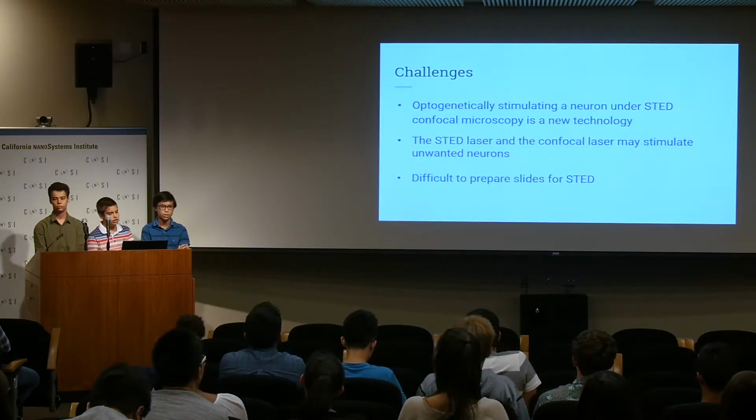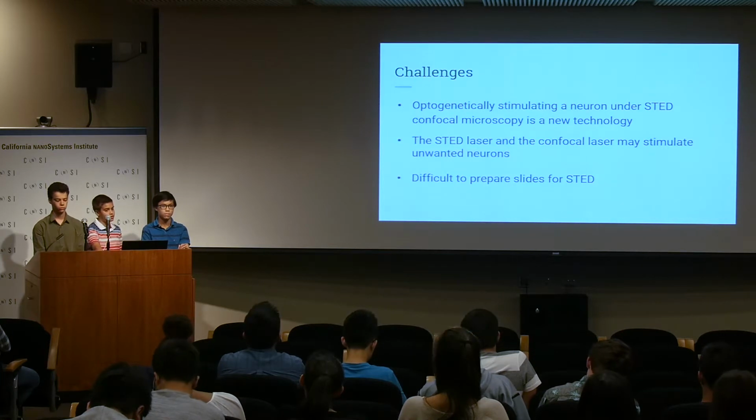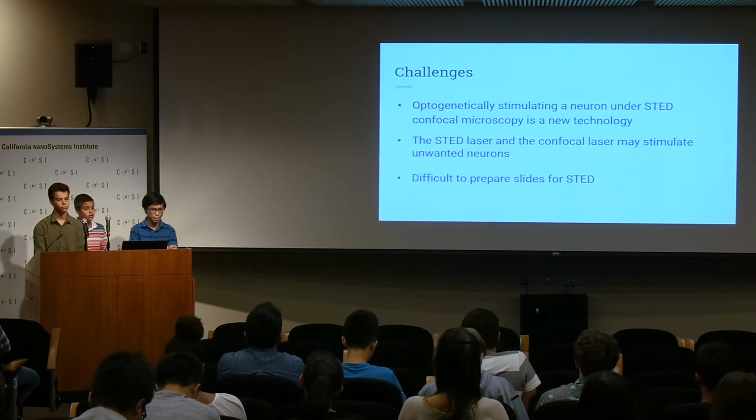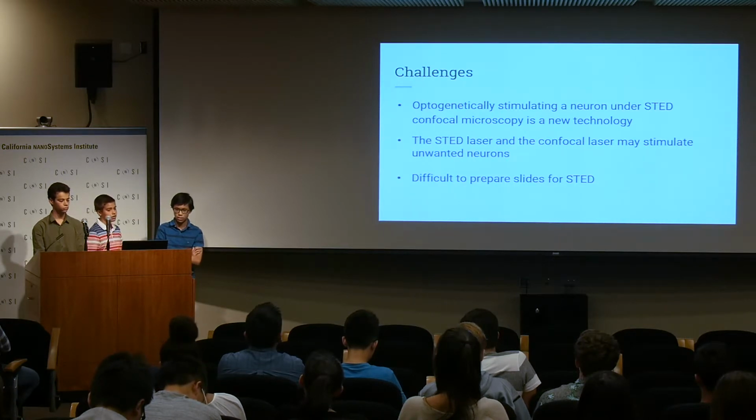To reach the final objective, we first need to surpass some obstacles. Optogenetically stimulating a neuron under STED confocal microscopy is a new technology, so the knowledge about it is not quite enough to solve some issues that could appear while observing the sample. The STED laser and the confocal laser might stimulate unwanted neurons, which would not help in mapping the brain.